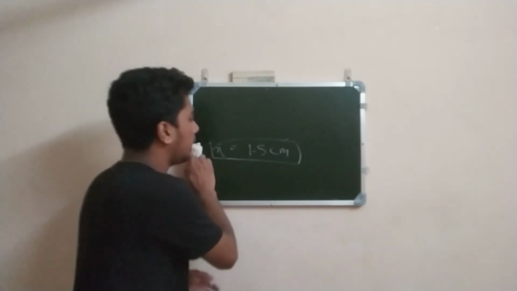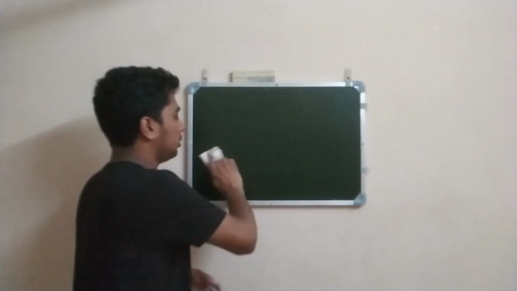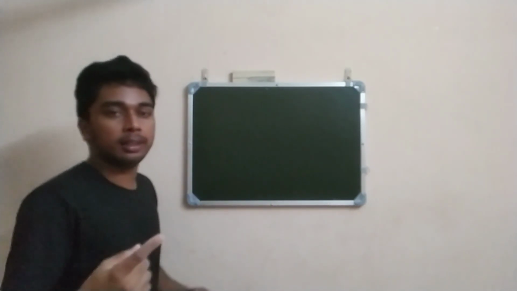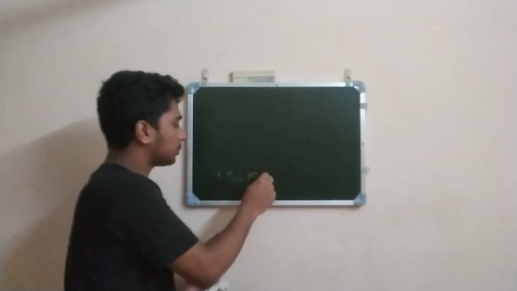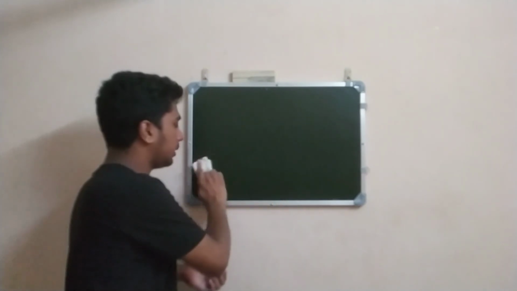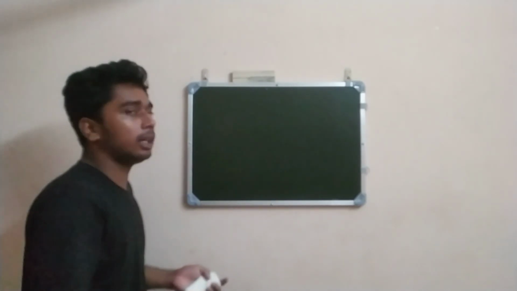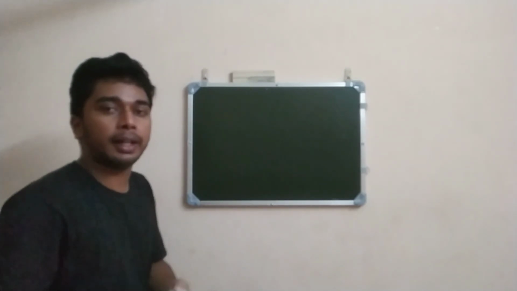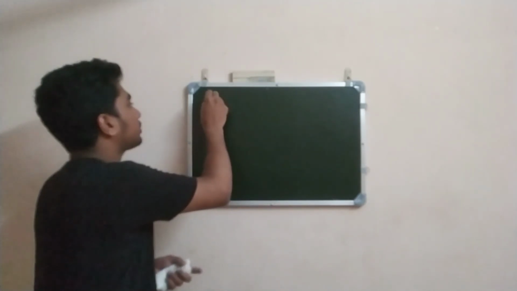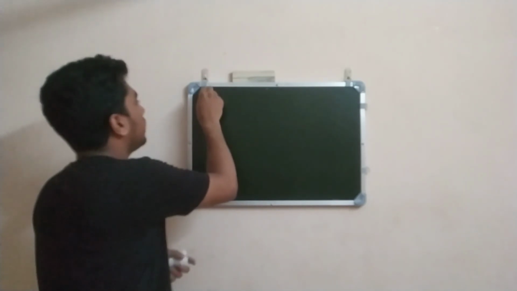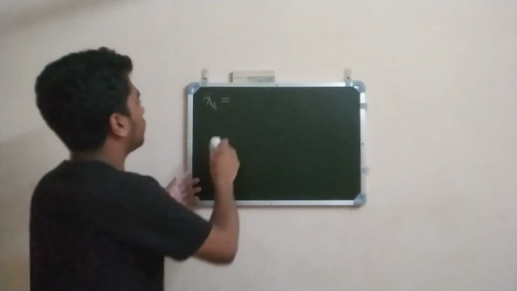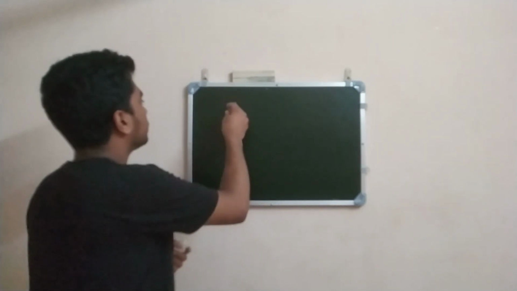So here also I can calculate the errors, because my average value is 1.5 centimeter. Let us see how the data points deviate from the average value. So for x1, this will be del x1.